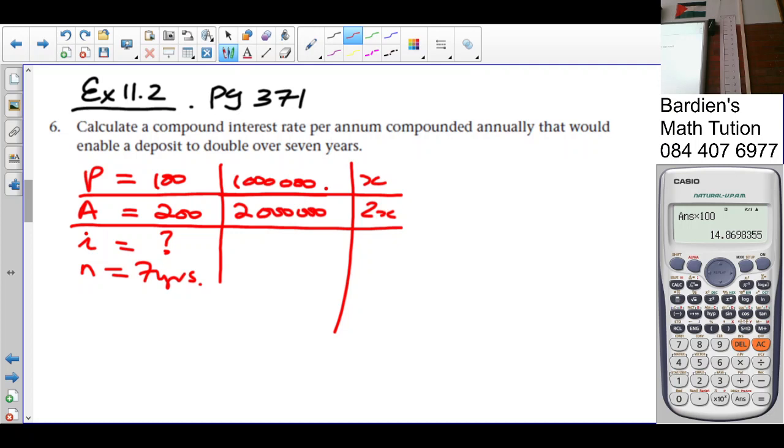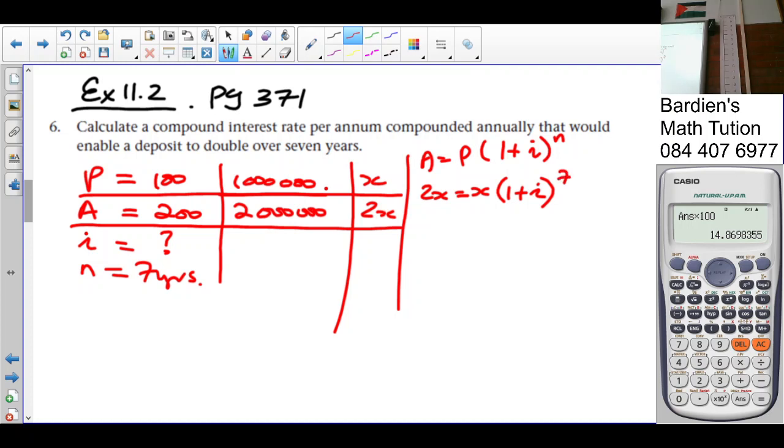You guys understand? And each one of those would give you exactly the same answer. You guys understand? So what formula do I use? A is equal to P into 1 plus I to the exponent N. What is your A value? 2x equals x into 1 plus I to the exponent 7.